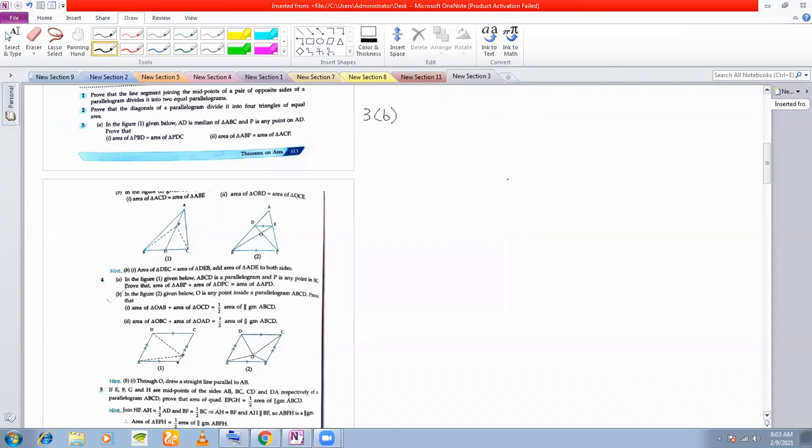The question here is, in the figure given below, DE parallel to BC. That part is a little cut here, but it's written in the question.